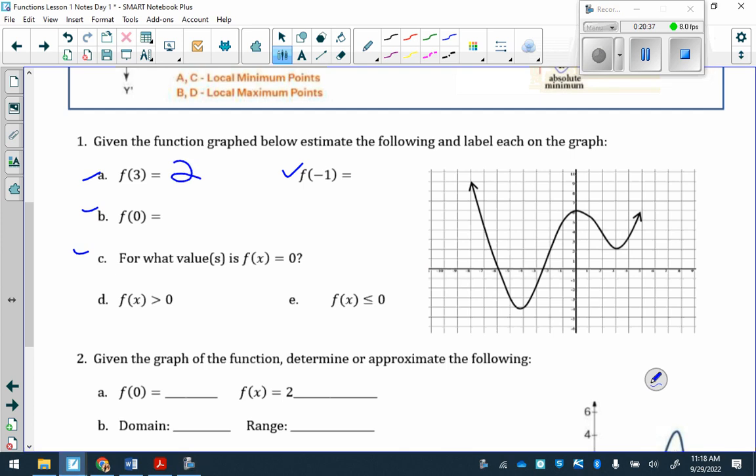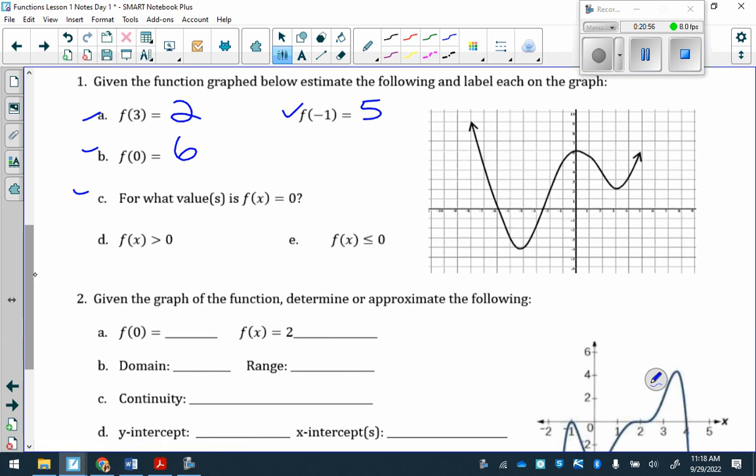Excellent. f of negative 1. Julia? 5. Great. f of 0. Yeah, Jason. 6. Good. Then for what value is f of x equal to 0? Yeah, Jonah. Good. Excellent. Negative 2.5 and negative 6.